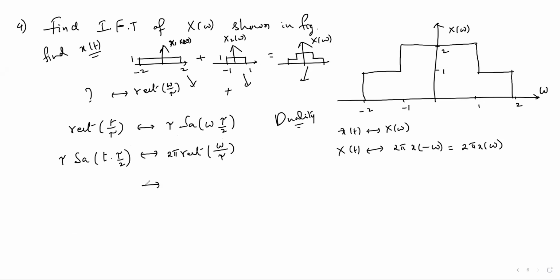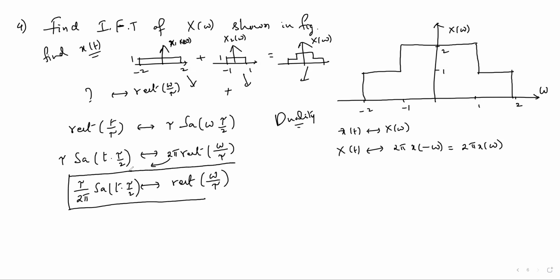So the inverse Fourier transform of the rectangular function of omega by tau is tau by 2 pi, bringing the 2 pi to that side, times sampling of t tau by 2. This is the Fourier transform pair. So we found the Fourier transform of the sampling function also by using the duality property on the Fourier transform of the rectangular function.